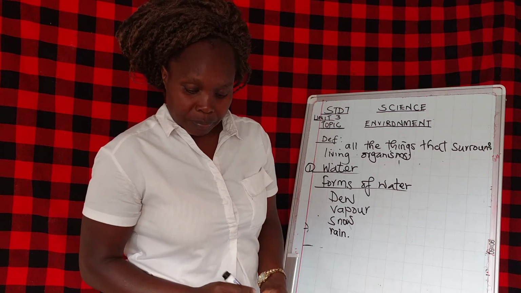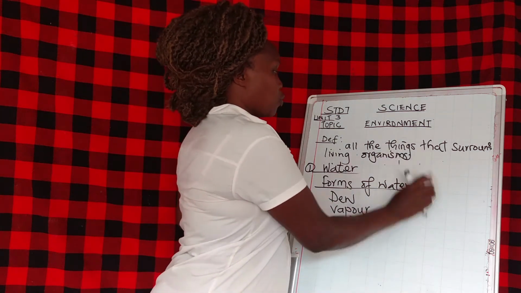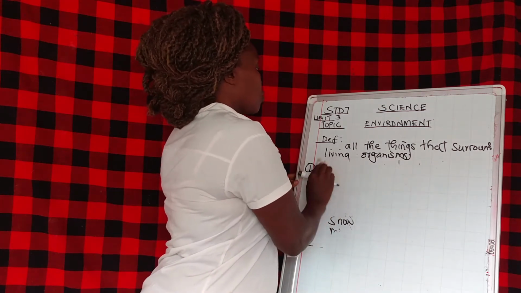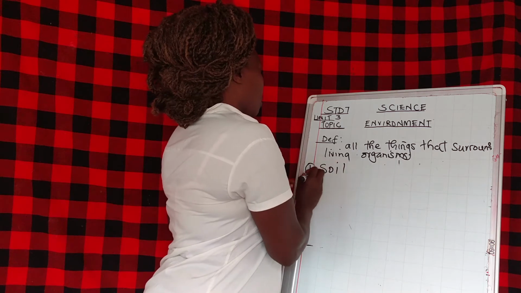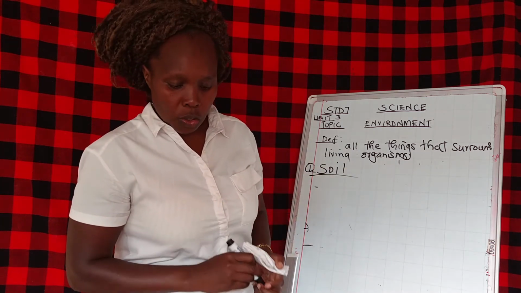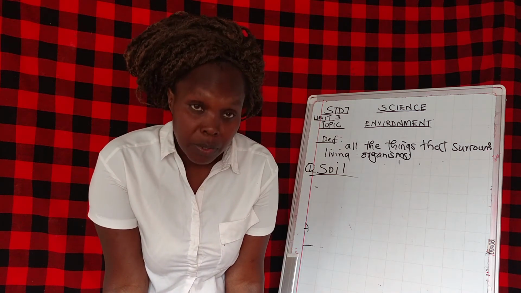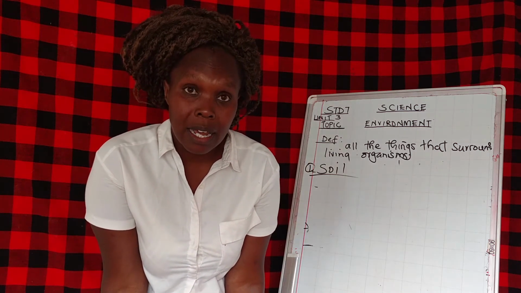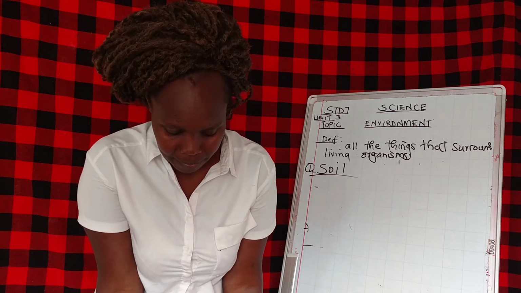And let's look at number 2, that is soil or land. Soil is very important to both plants and animals. Why do we say that?